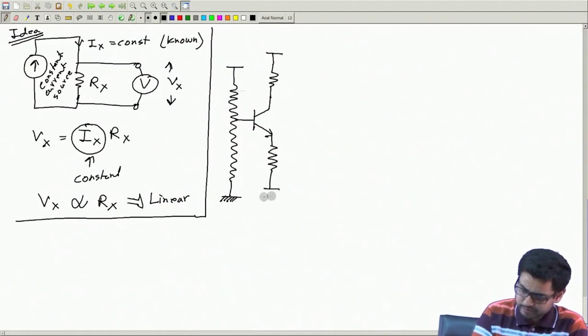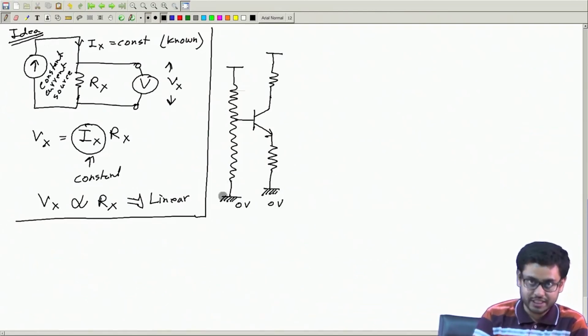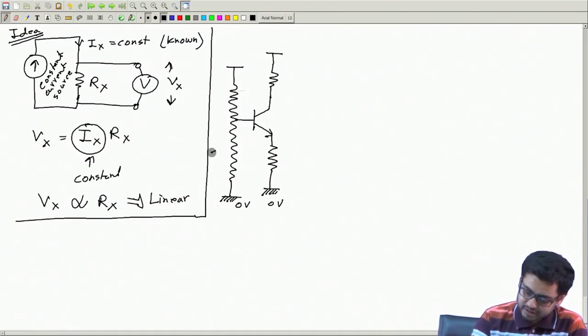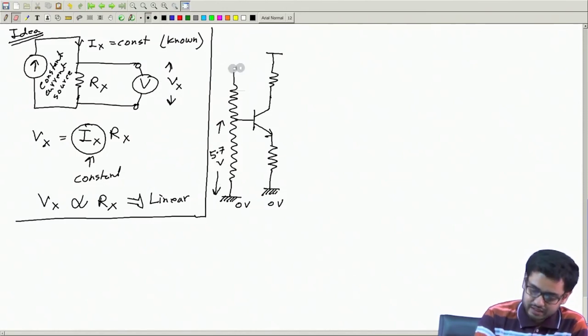let this be my ground, 0 volt. This is nothing but a potential divider, okay. And I will take it in a way such that, say, this voltage is 5.7 volt from here to here, and here I can take, say, 9.3 volt.